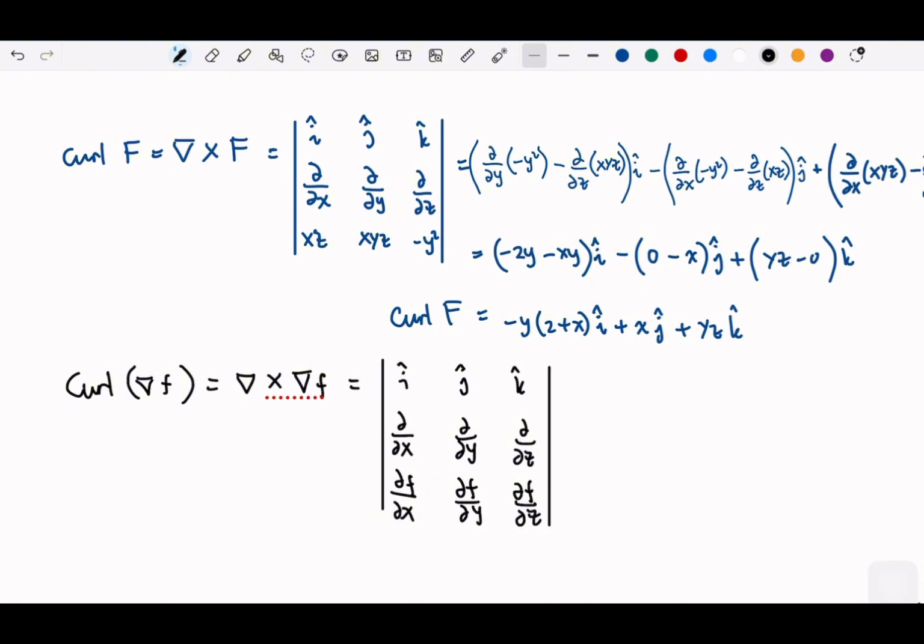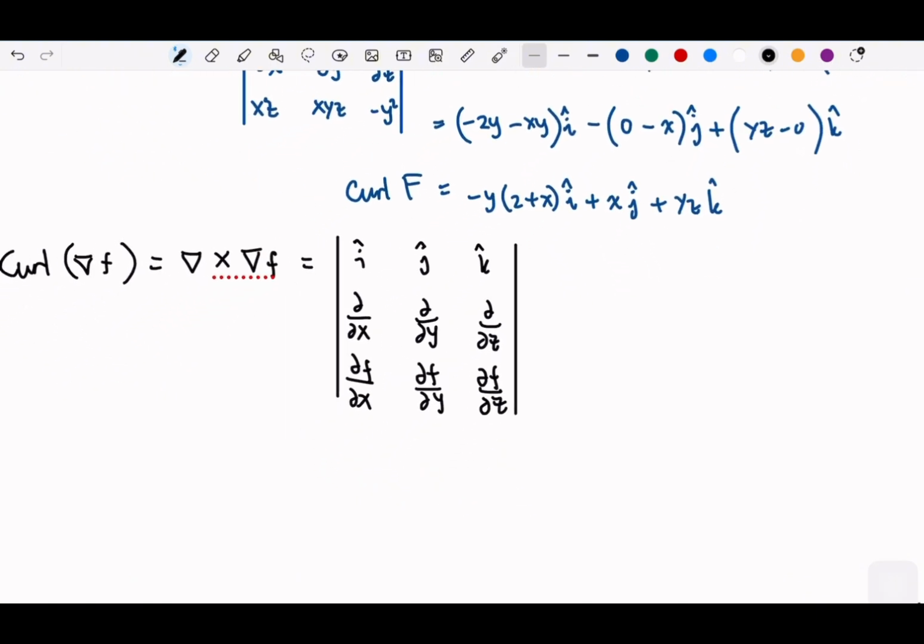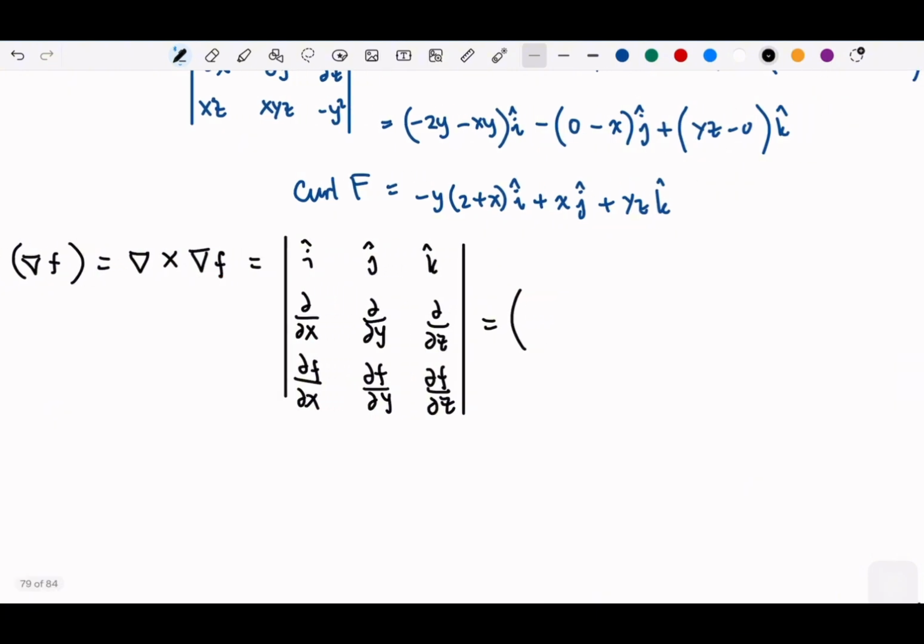Okay. Now when we have the operator for partial and then multiply with the other partial, it will be the second order, right? It will be the second derivative. So let me write this, for the y-axis, we have dou y and then dou f dou z.